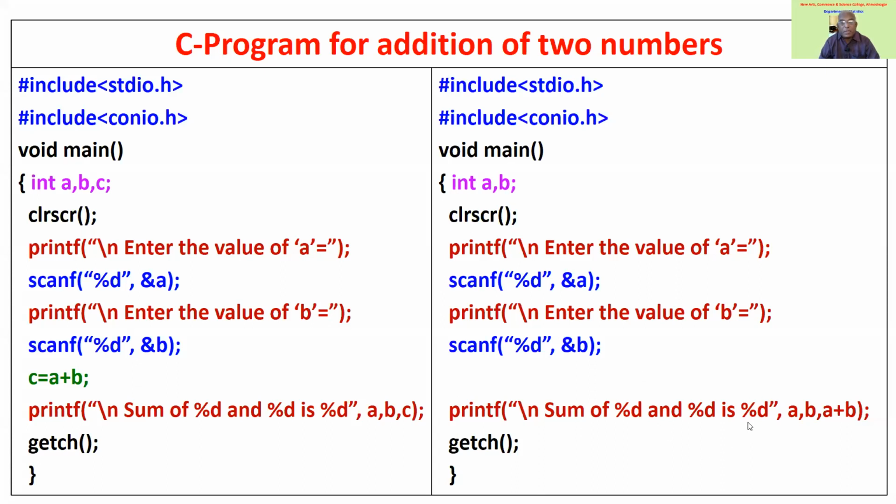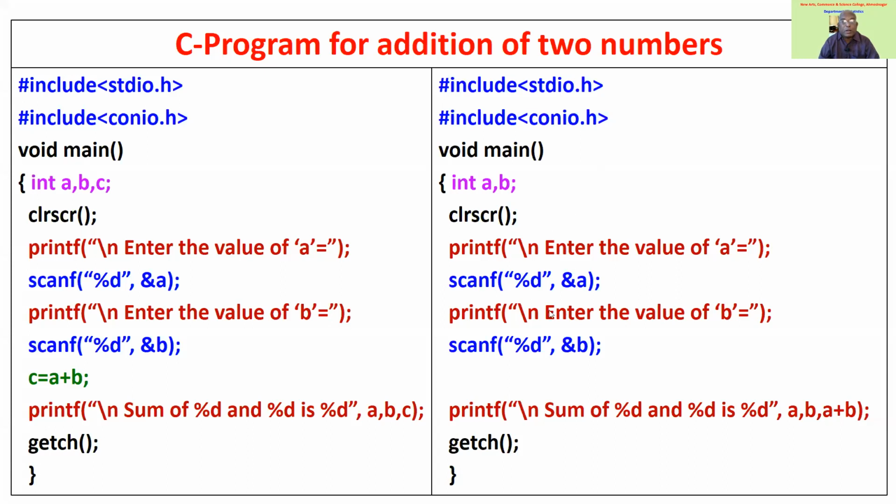Third %d, here I would have defined C, but here I have not defined C. So against this, I am writing A plus B. So without the use of C, I am doing the addition of two numbers in the printf statement, and the addition is displayed. So here two operations are done. One is the localized addition of A and B, and that is displayed on the monitor.